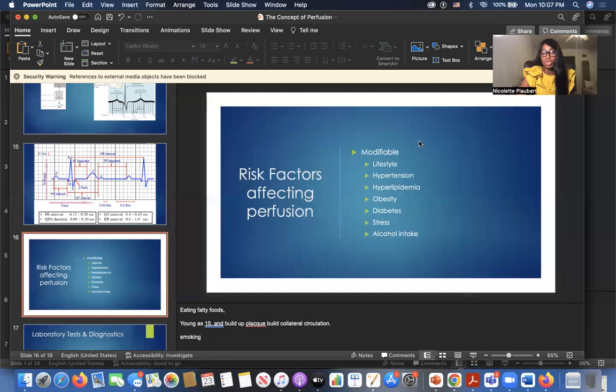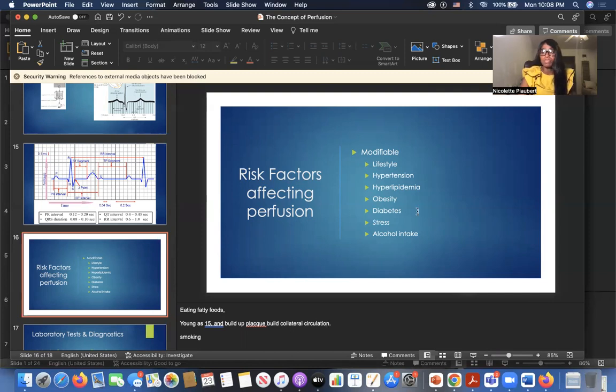You do need to know modifiable factors, risk factors that are affecting perfusion, how the person is living their life, their lifestyle, whether they have hypertension, whether they have hyperlipidemia, obesity, diabetes, stress, alcohol intake. So for lifestyle, we're thinking about, is the person sedentary, not doing much, not performing too much activities?